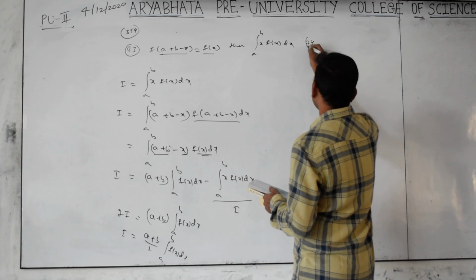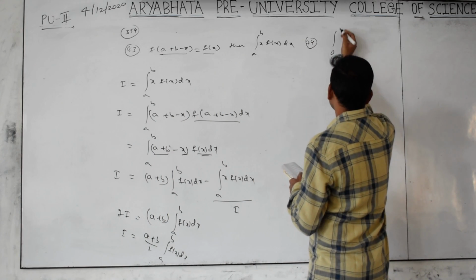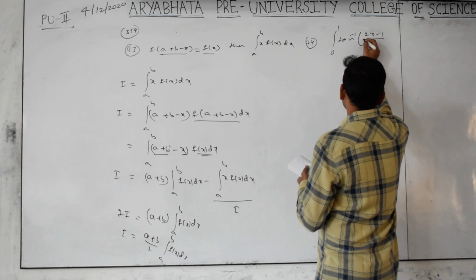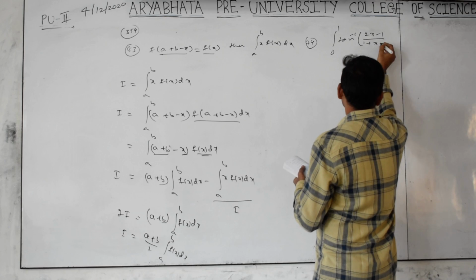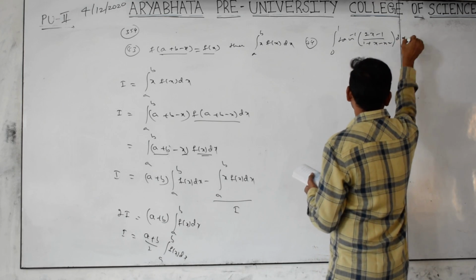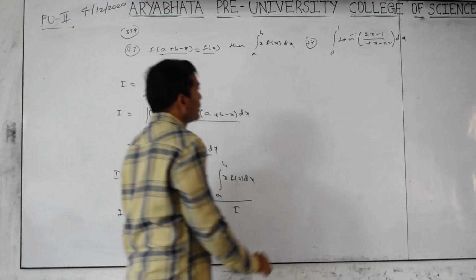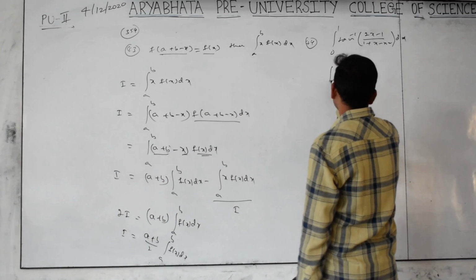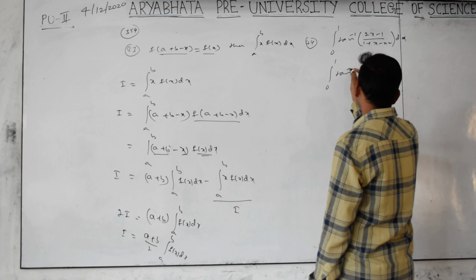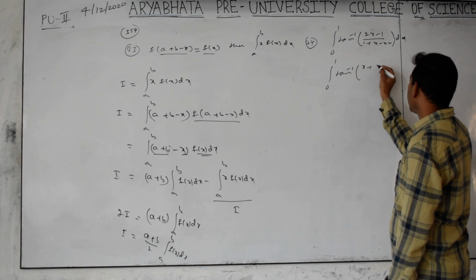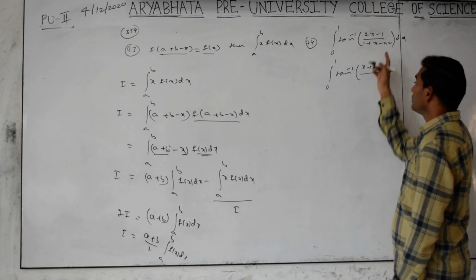Next, question number 44. Integration 0 to 1 tan inverse of (2x minus 1) by (1 plus x minus x square) dx. See, the integration of 0 to 1 tan inverse is given like this: x plus x minus 1.